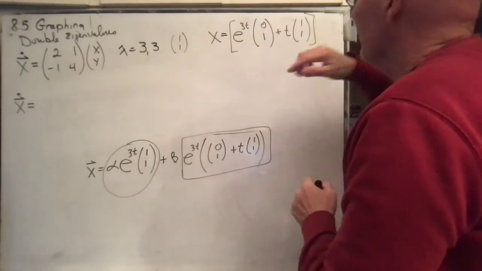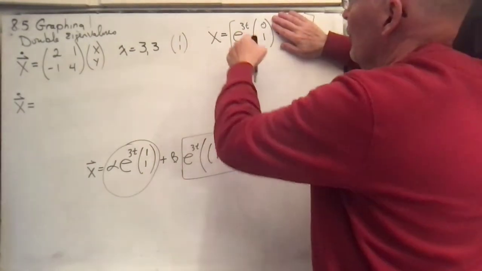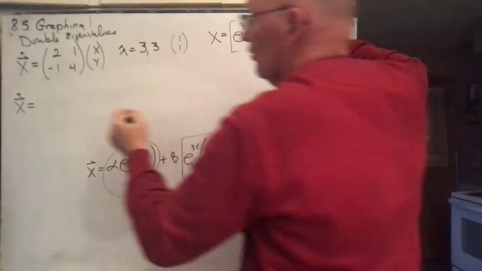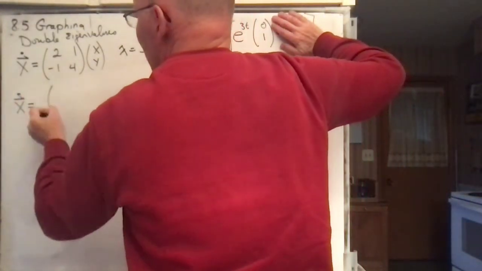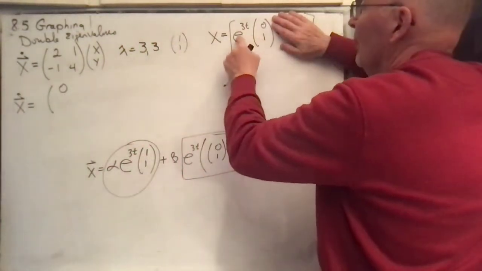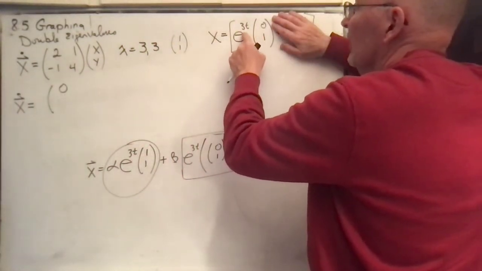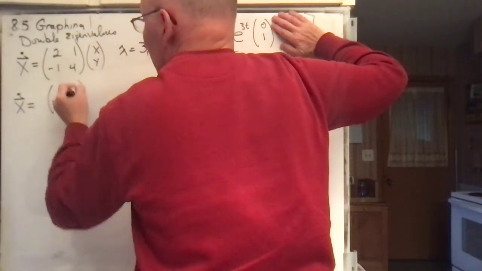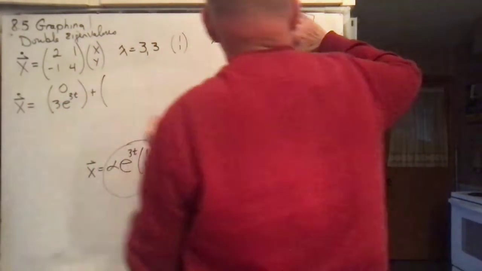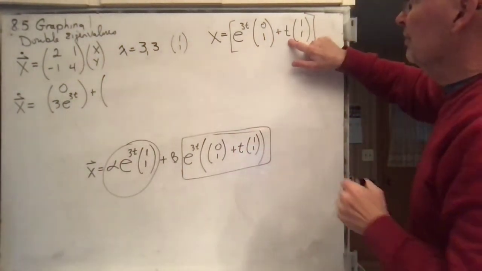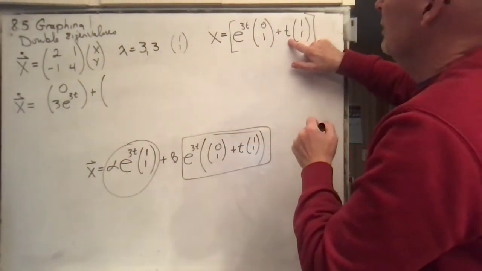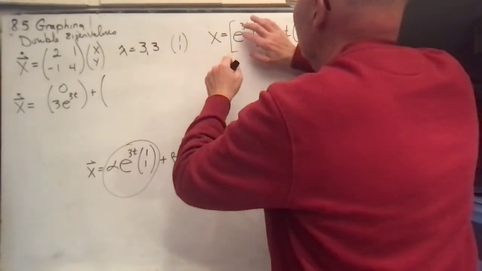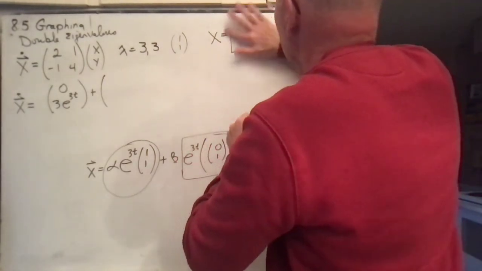Let's do them one at a time. The derivative of this constant vector is going to be 0. The derivative of this is going to be 1 times e to the 3t, and its derivative is going to be 3 e to the 3t. Agreed? Okay, what about this portion? Oops, I need my e to the 3t on the outside of this.